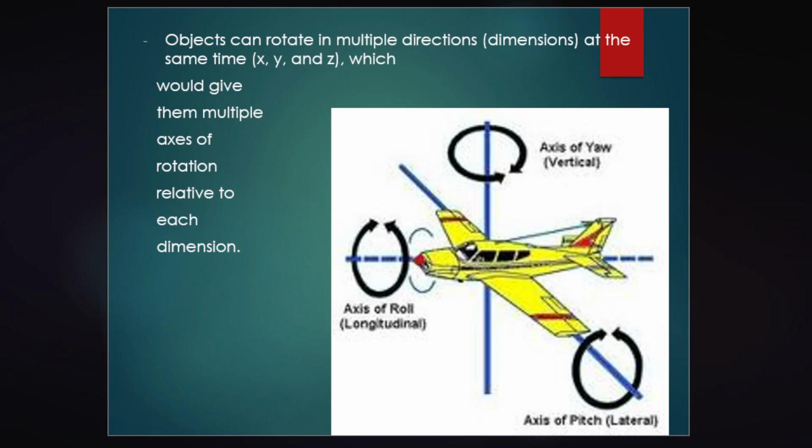Objects can actually rotate in multiple directions or dimensions at the same time, our X, Y, and Z axes, which would give them multiple axes of rotation relative to each dimension. So for an airplane, you can have the axis of roll, the axis of yaw, and the axis of pitch. The pitch would be how you pitch up or down the wings.